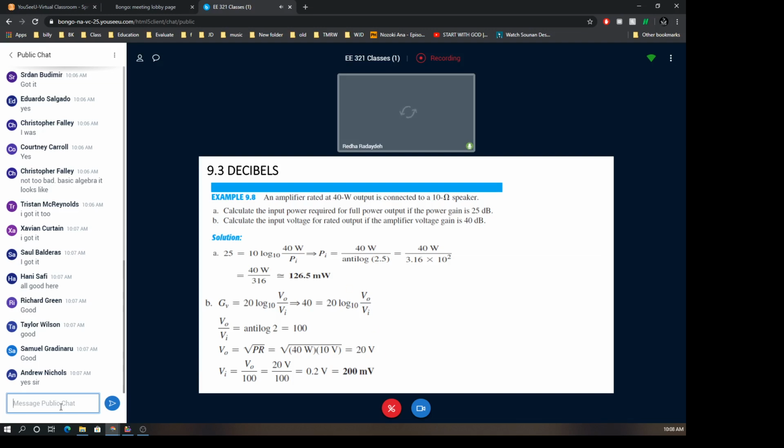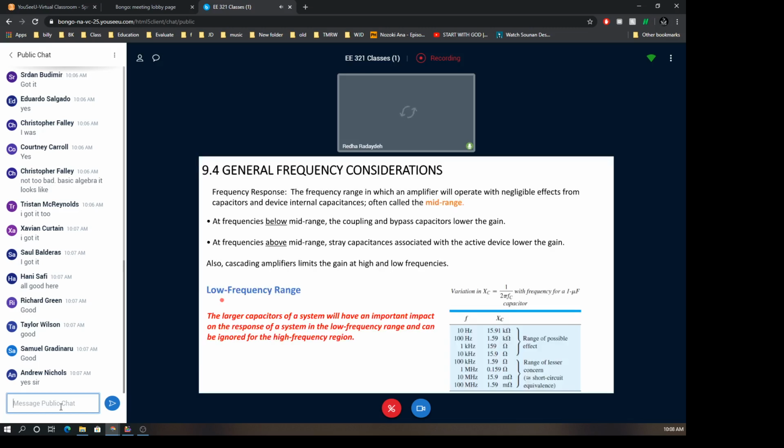I think we are good to move to the next slide. Now section 4 talks about general frequency considerations. Let's follow up on the slide.